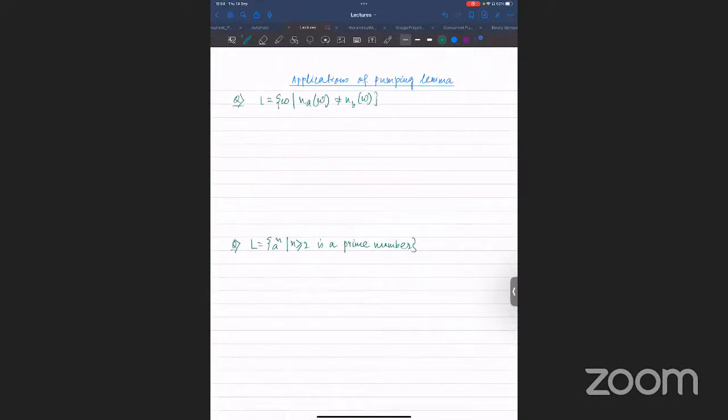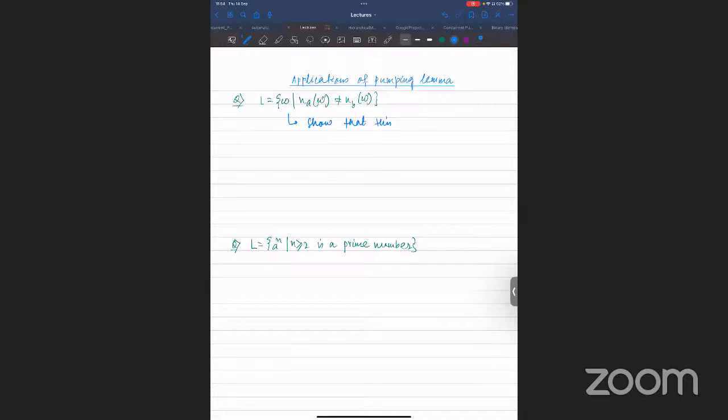What about this, n_a(w) not equal to n_b(w)? Here maybe there may be some applications of the pumping lemma, but for now, show that this language is not regular.